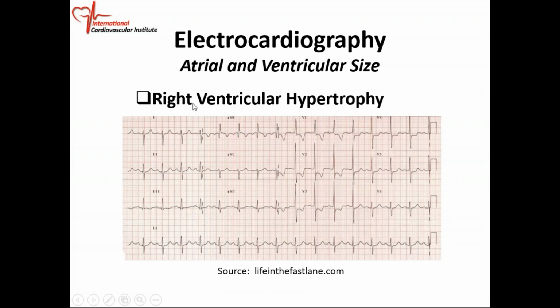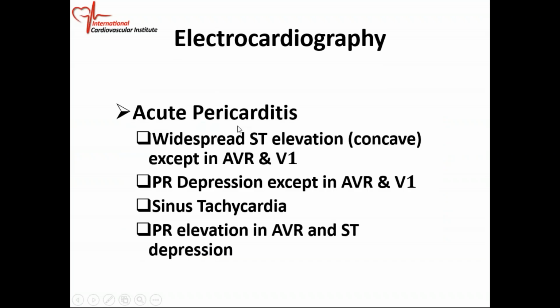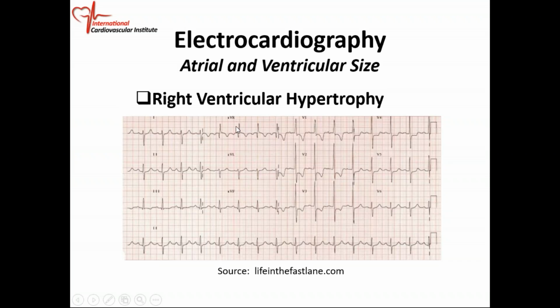So we can look at this axis and see if we have right axis. The most isoelectric, you can call it lead 2. When you look in your limb leads again, limb leads are lead 1, lead 2, lead 3, AVR, AVL, AVF.